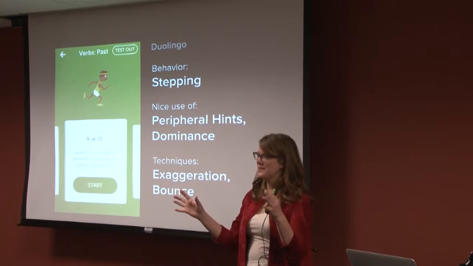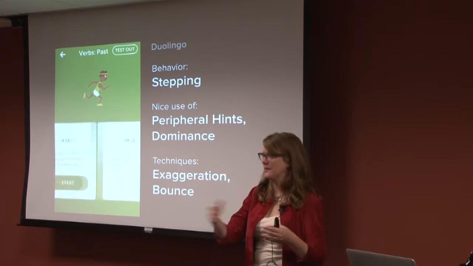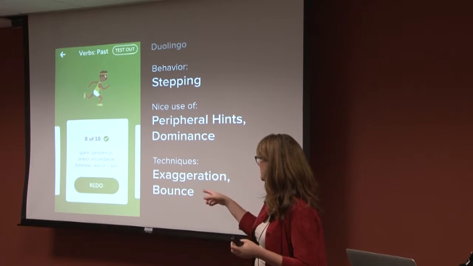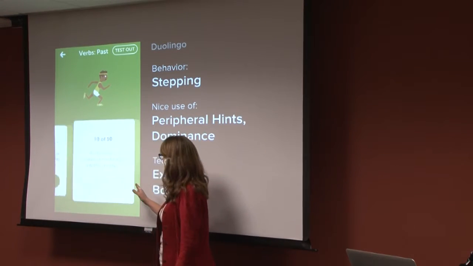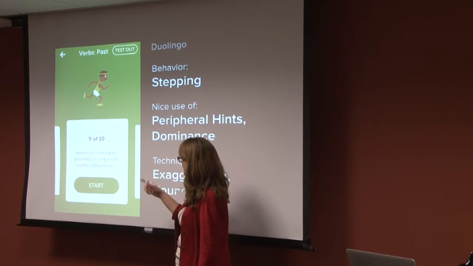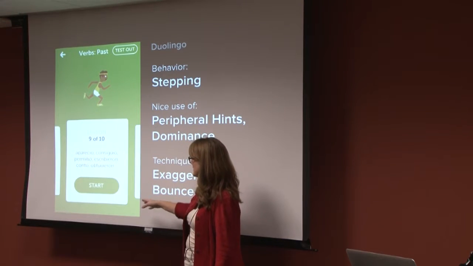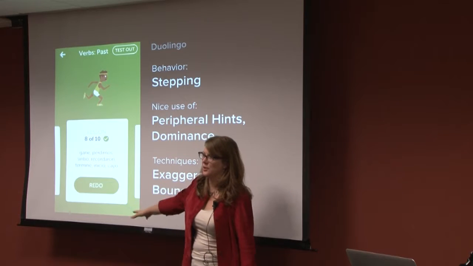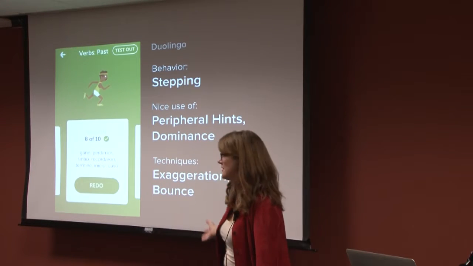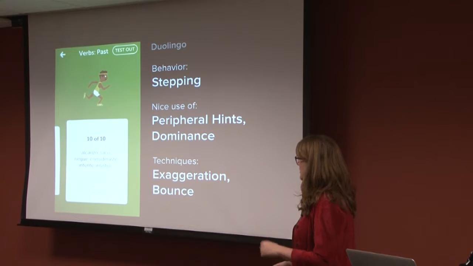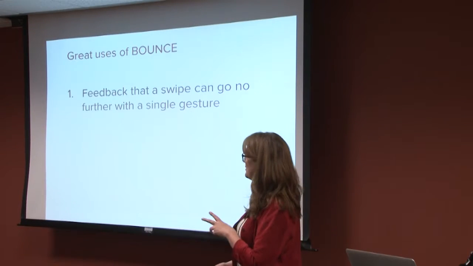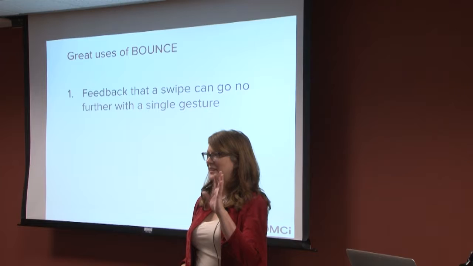And for some things, if you have a lot of content, maybe it slides everything past you. But here they stop you, they bounce, to show that it registers that you did that, but you can't go any further in this case, or it doesn't want you to jump all the way forward to the last lesson. It really wants you to build on each one first. So that bounce is a good use.